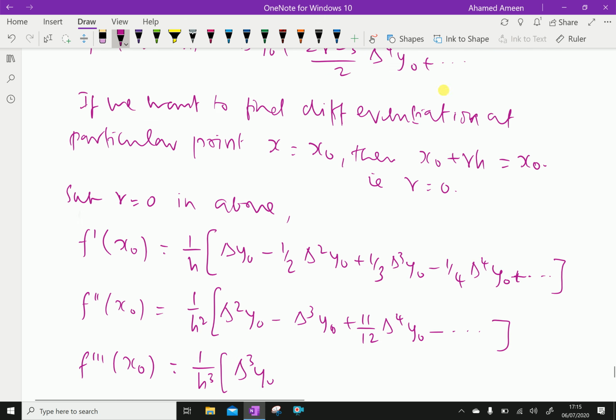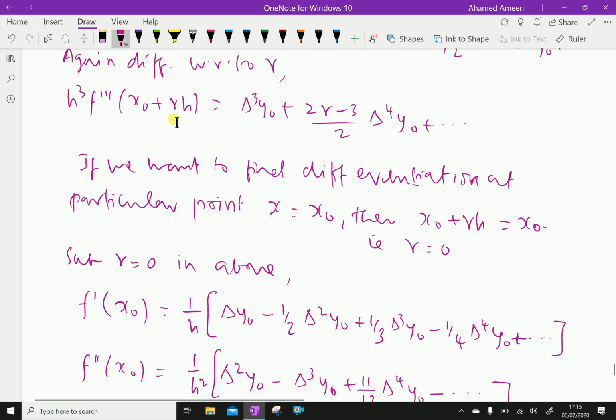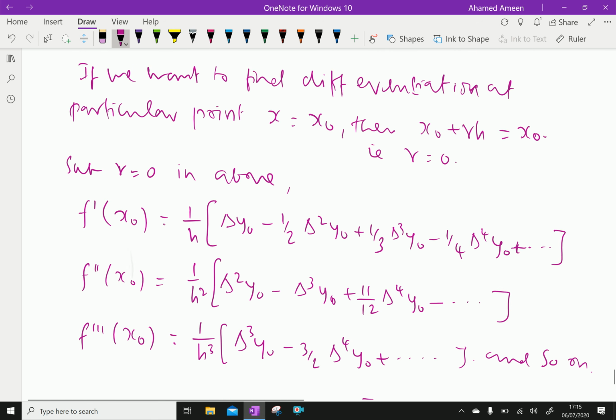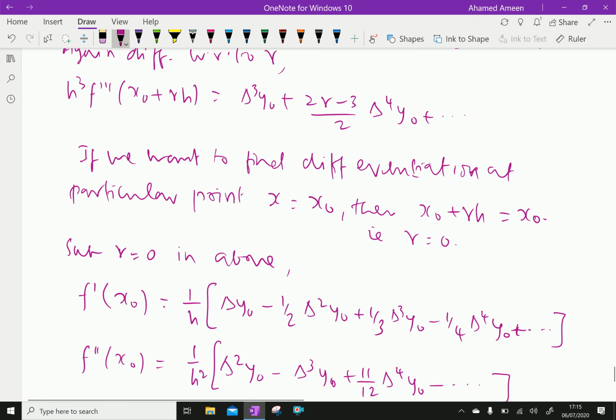Look at this third derivative: r becomes 0, here delta cube y0, and this term with r equal to 0 is minus 3 by 2 delta power 4 y0 plus the terms continue, and so on. From these formulas, we can find the particular derivatives at a particular point.